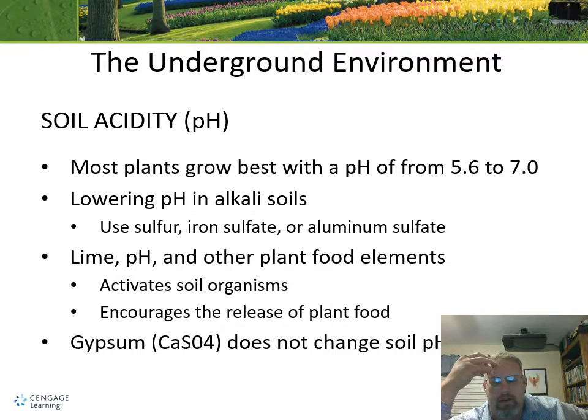Now, on the other hand, if you do have an acidic soil, you can raise that acidity to become more basic by adding lime or other calcium products, and you can use something called cation exchange to help raise your pH, even if it's only temporary. And gypsum, it does not change soil pH, but what it does is it creates a temporary cation exchange to allow plants to uptake certain nutrients if they're unavailable at the pH that you're currently under.